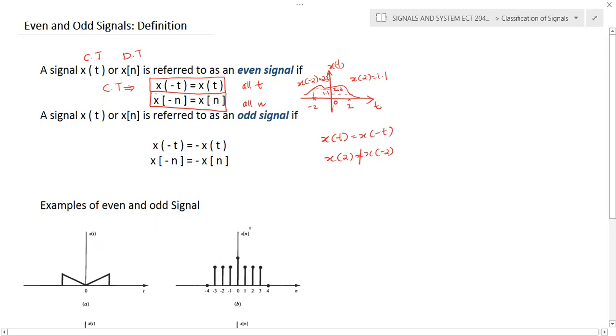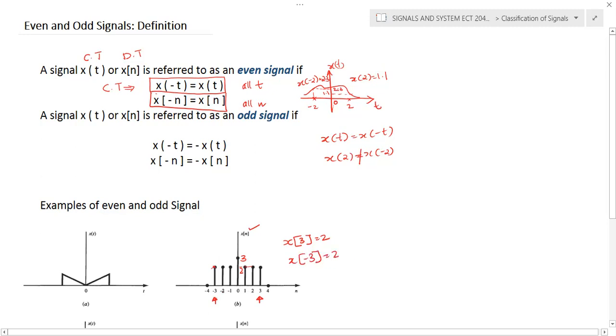Now we can see this example. Let this be x of n. If you look at this particular signal, for example at n equal to 3, assume that the amplitude is 2. So the discrete time signal value x of 3 is equal to 2. If you look at x of minus 3, it is again 2.